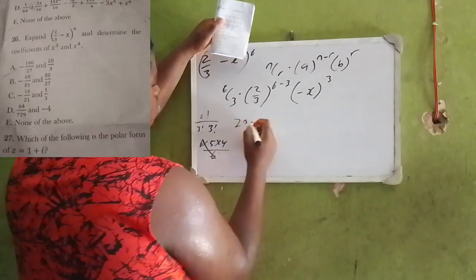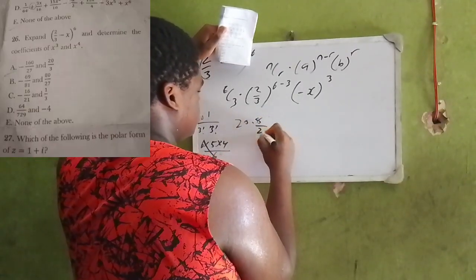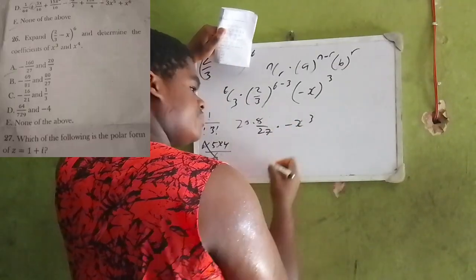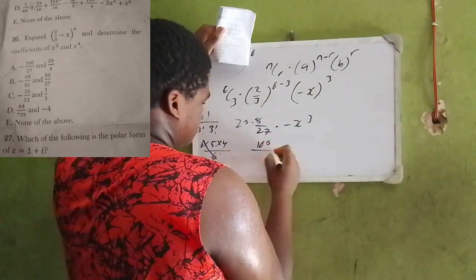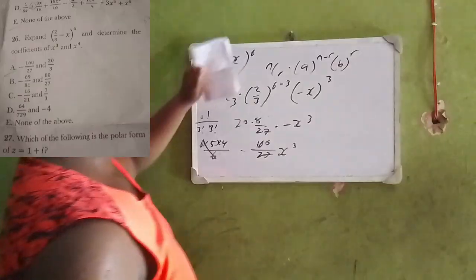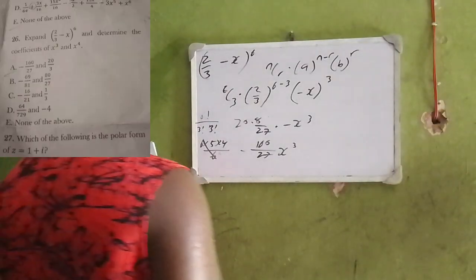So we have 20 times 8 over 27 times minus x cubed. 20 times 8 is 160 divided by 27 times x cubed. So this is minus 160 divided by 27 times x cubed, which corresponds to option A.